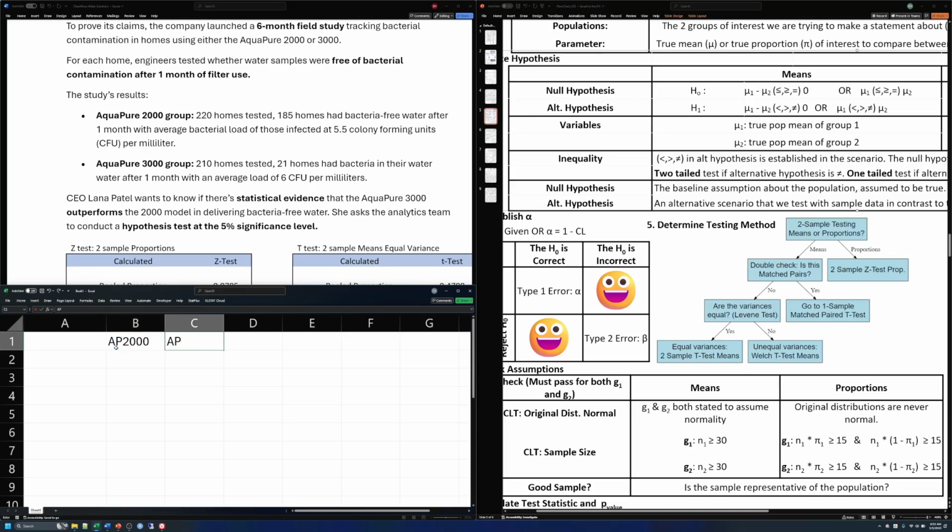And we'll do AquaPure 3000. And let's see what they give us. We'll give us bacteria-free. We'll do the next one as with bacteria. And we'll do a sample size. And we'll then ask for the proportion.